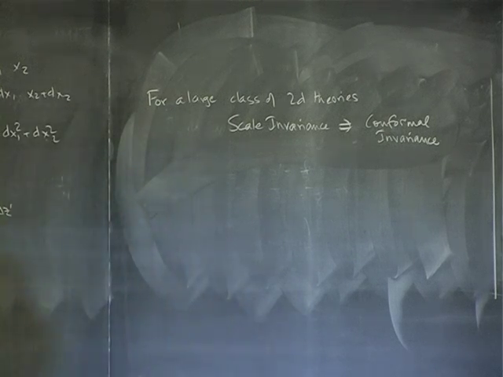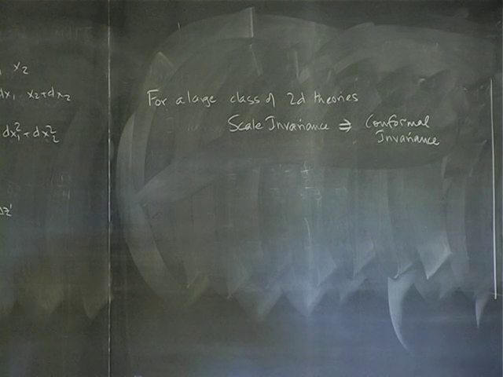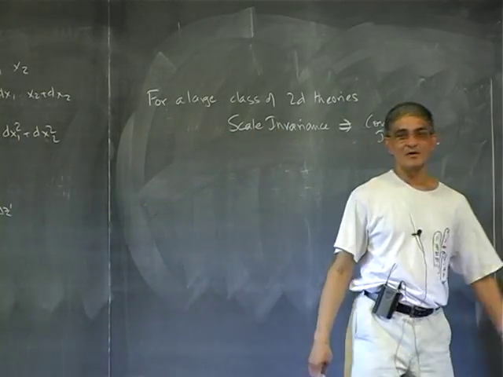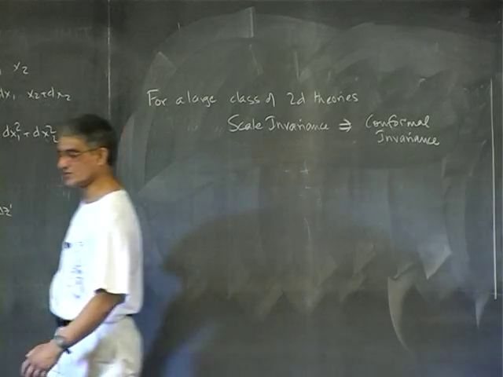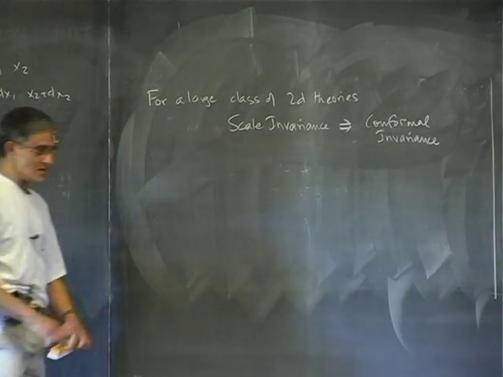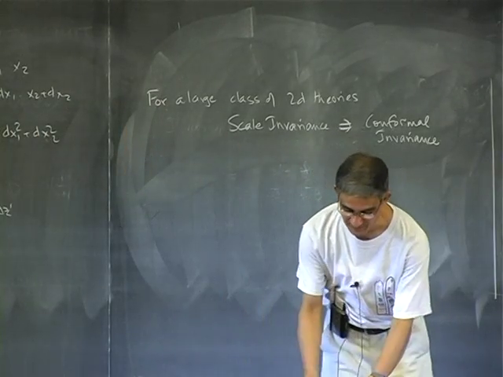So in 2 dimensions at the RG fixed points, you get an infinite dimensional symmetry algebra. And let me talk a little bit about the generators of the symmetries, which will be useful in the next lecture.